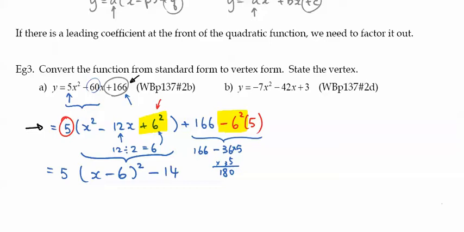That means I have a parabola with vertex at 6 and negative 14, and its size will be 5 times as narrow as the regular size.